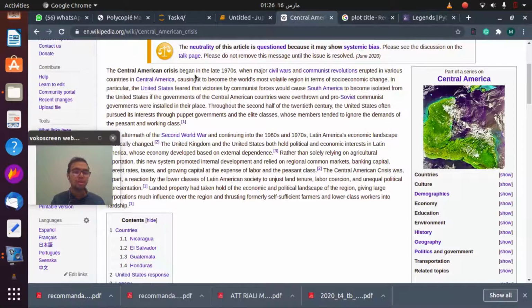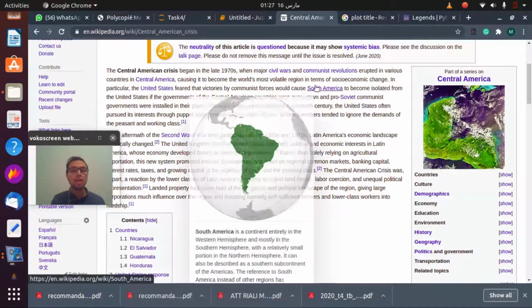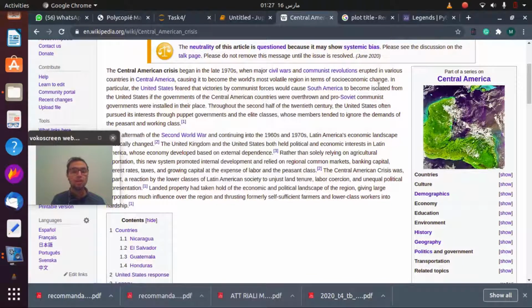Because if we search in history, we can see that in the late 1970s, the Central American crisis began. This Central American crisis is in general a group of civil wars and communist revolutions that erupted in various countries in Central America like El Salvador, etc., causing it to become the world's most volatile region in terms of socioeconomic change.